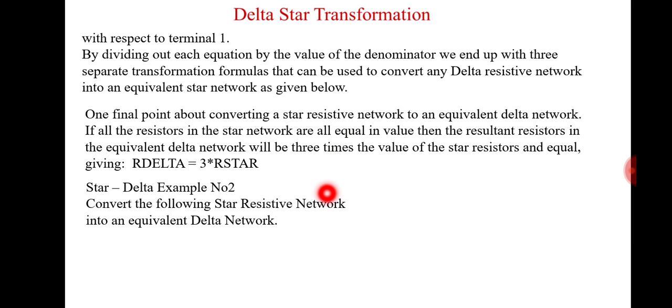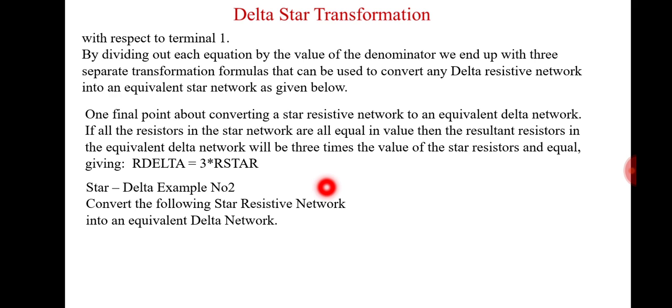One final point about converting a star resistive network to an equivalent delta network: if all the resistors in the star network are equal in value, then the resultant resistor in the equivalent delta network will be 3 times the value of the star resistors, giving R delta is equal to 3 R star.